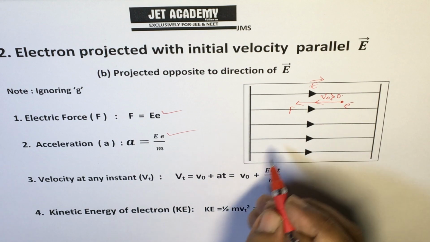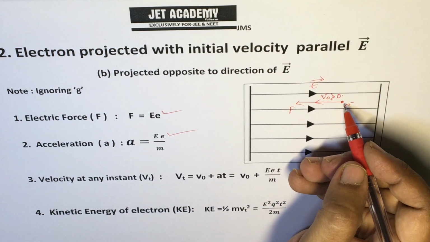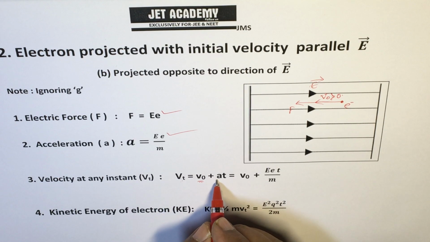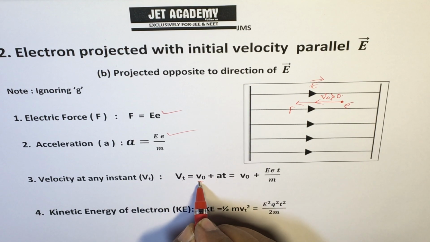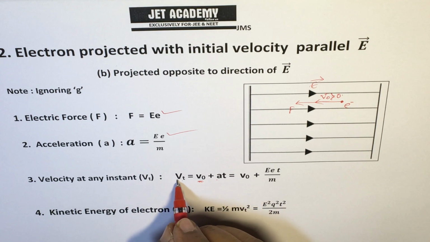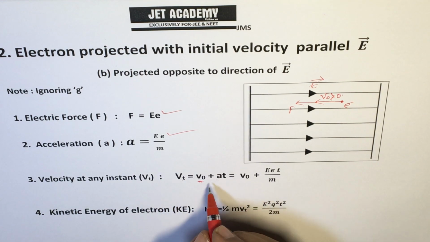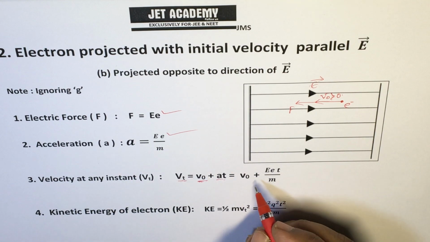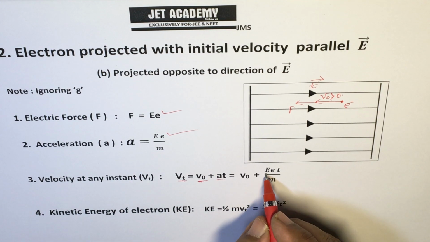Here instead of retardation, there is pure acceleration. The initial velocity goes on increasing. Hence the velocity at any given instant of time is as good as the rest case, but the initial velocity is added. This is the dynamics of velocity at any instant: v_t is equal to initial velocity plus at, where a is the same, so substitute v naught plus eEt by m.